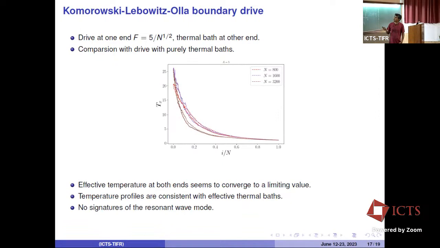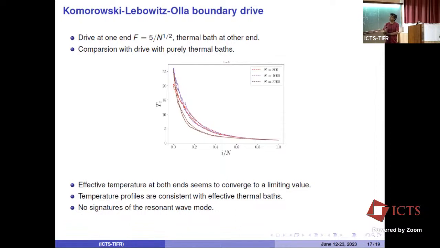So here for these 3 different system sizes, what you see is the profiles produced by the periodic driving and the profiles produced by no driving, but just thermal baths at different temperatures. So you can see that this is consistent with just the diffusion equation.